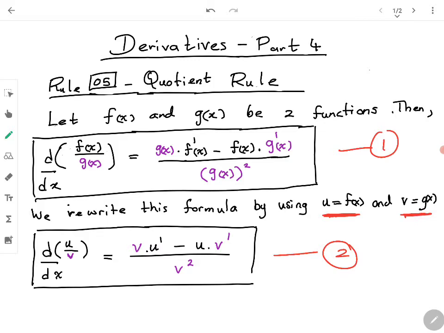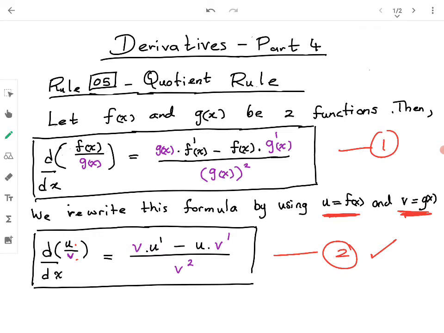So we replace the function f with u and function g with v and rewrite the formula. Then the formula becomes: in the denominator it's v squared, in the numerator it's v times u prime minus u times v prime. So this second formula is the one we are going to use when we do questions.